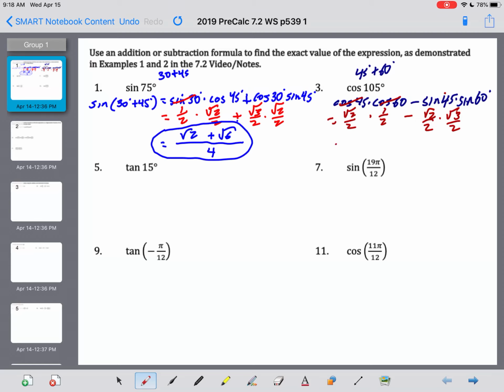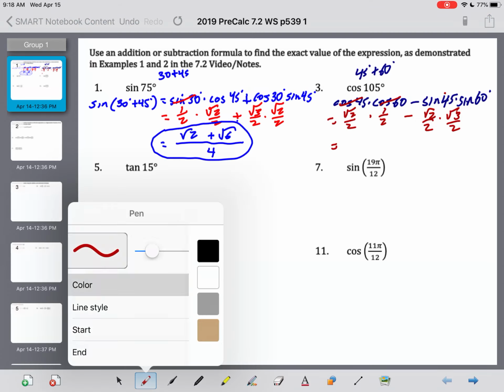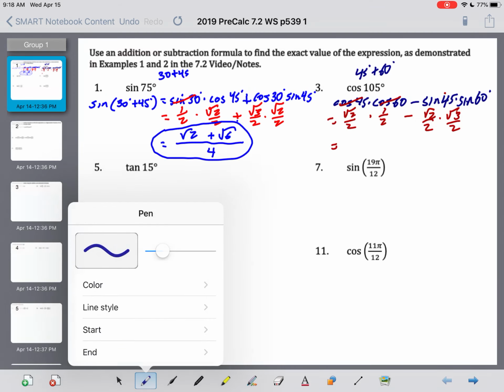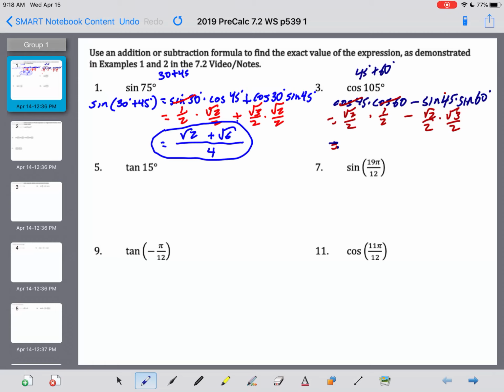So again, I'm going to switch back here. I'm ready to simplify this. Again here, 4 in the denominator between the two. I got minus between the two here. And I am going to get root 2 minus root 6 for this one here. Alrighty.